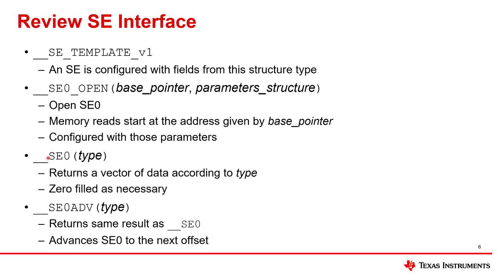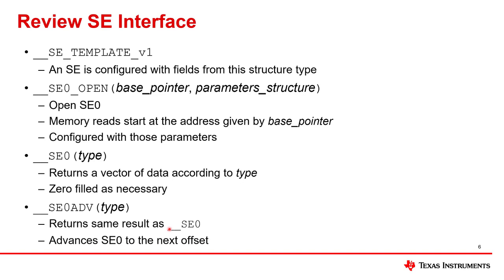The function SE0 type is an input to the function SE0. It returns a vector of data according to that type, 0 filled as necessary. And I talked about that in the second example, how that 0 fill behavior works. And then SE0 ADV stands for advance.